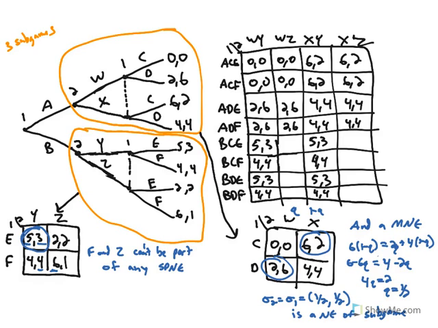If we have Z and E, we end up with 2, 2. And if we end up with Z and F, we get 6, 1. Okay, and let's just look at these Nash equilibria. I'm just going to underline all the best responses.